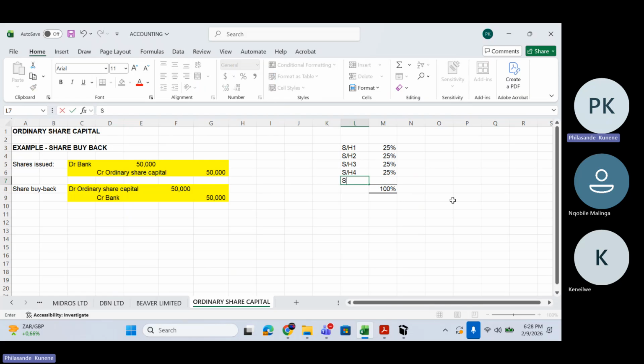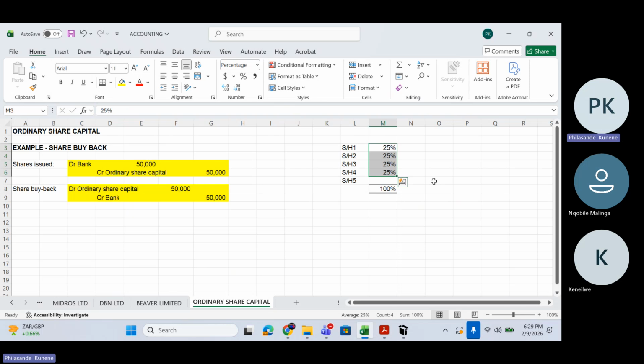Because if I add shareholder 5 now, issuing shares to this shareholder 5, it is going to decrease the shareholding of these 4, and they will not be happy about that.